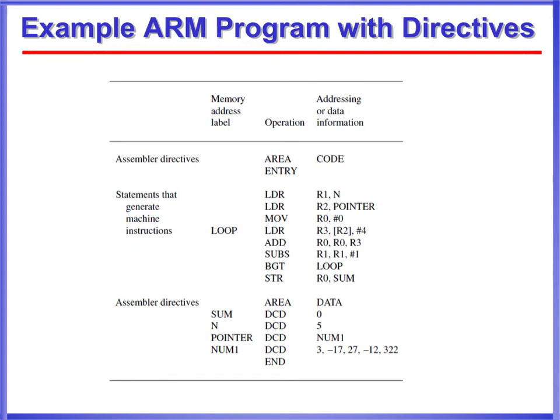Now notice here in ARM, we're not actually telling the assembler what memory address to put it at. So presumably the assembler will choose where to put this stuff in memory. All you're saying with DCD is reserve a memory location somewhere, associate the address of that memory location with the label sum, so that when I use sum here, I'm referring to that particular address in memory, and store the number 0 there.